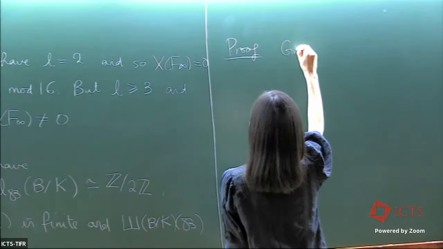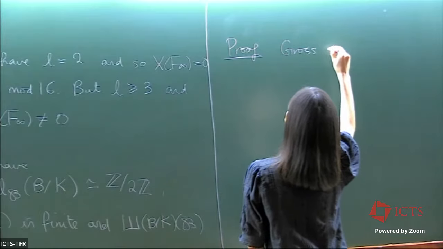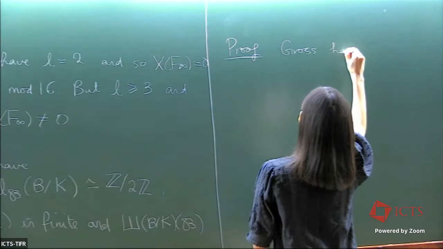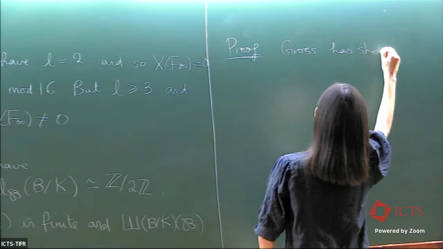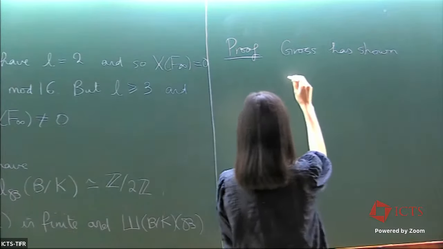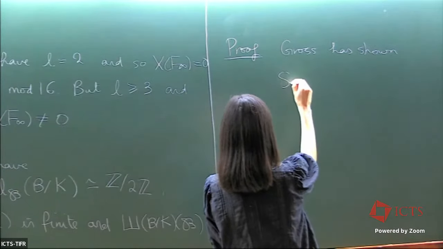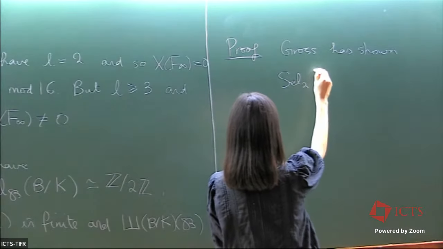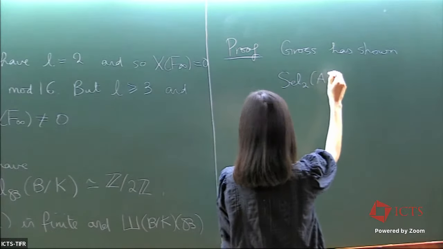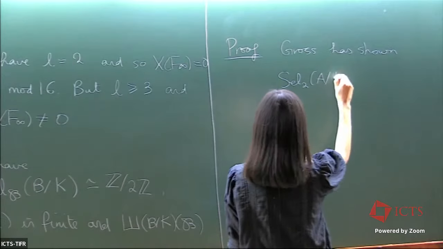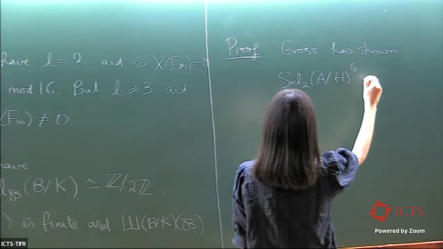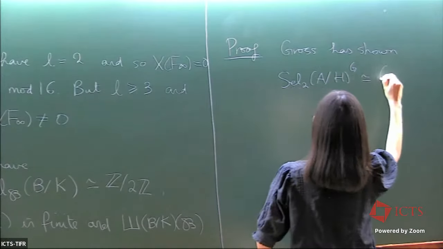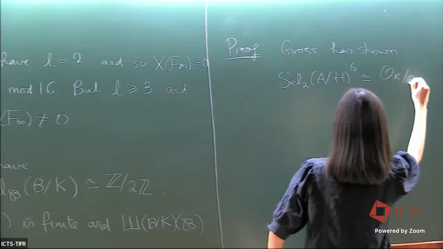Gross has shown, he has done a 2-descent argument to show that the 2-Selmer group of A over H, the G-invariant part, is isomorphic to O_K modulo 2 O_K.